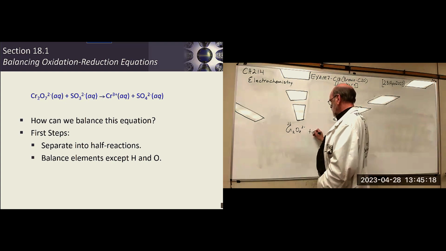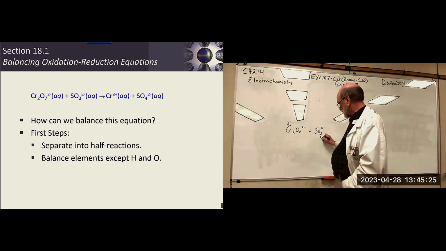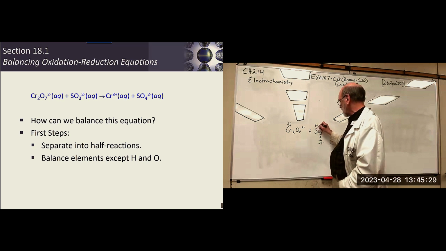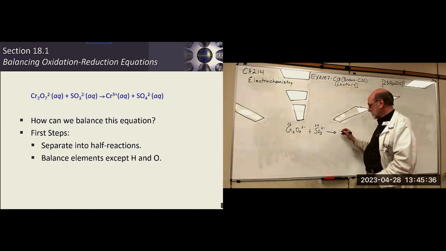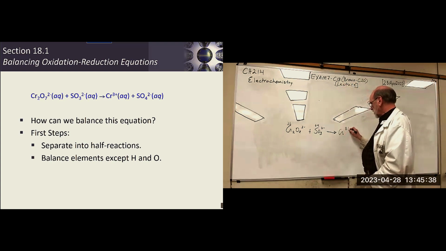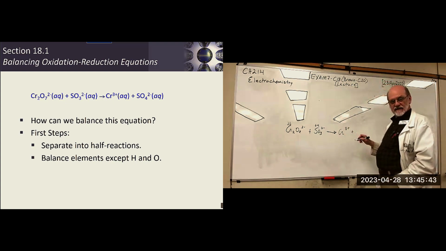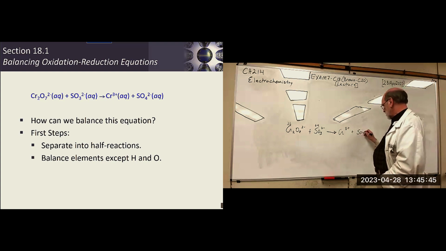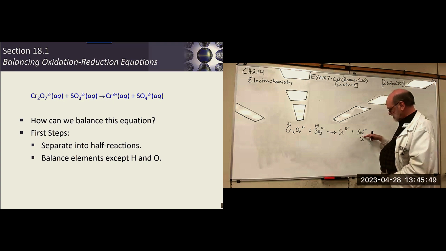And then we're going to add sulfite. Right? -2 times 3 is -6. Hold 2 out, -4. This is a +4. All right. Then we have chromium 3+ and sulfate. So this is a -2, -8 total.